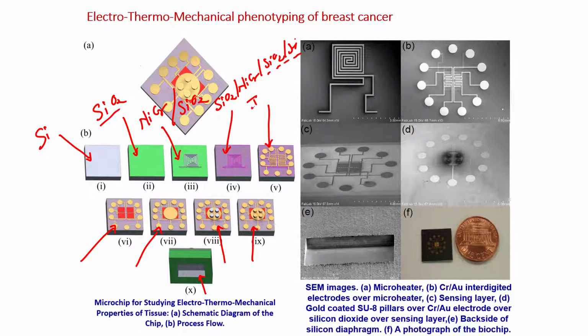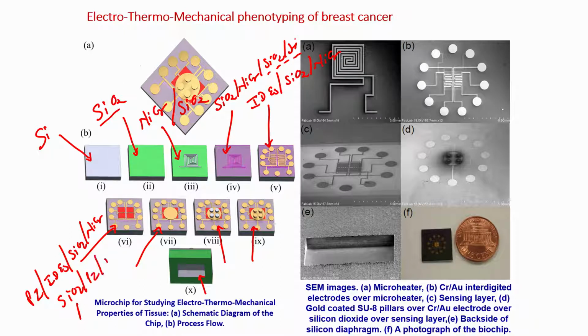Then you have interdigitated electrodes on silicon dioxide on your heater. Here you have piezoresistive material on your interdigitated electrodes, which is sitting on silicon dioxide, which is on nichrome, and which is on silicon dioxide further. Then you have gold pad. So, then you have insulator. So, SiO2 on piezoresistor on IDEs.